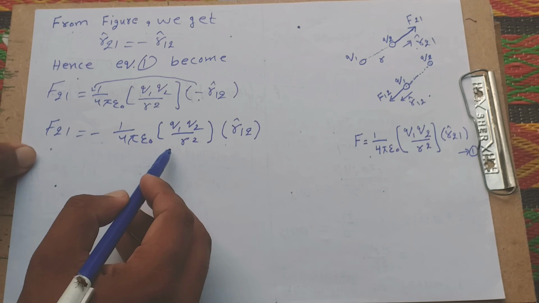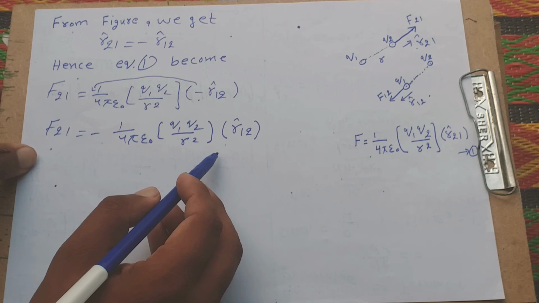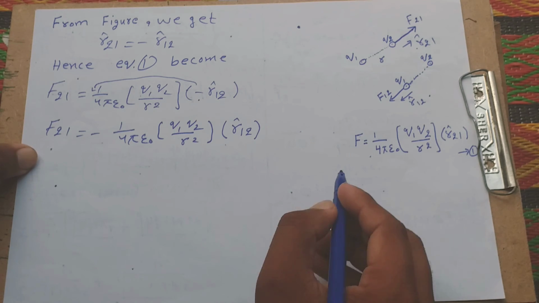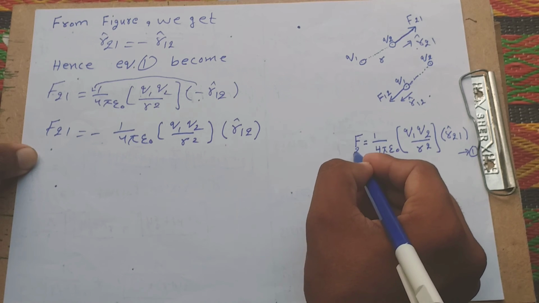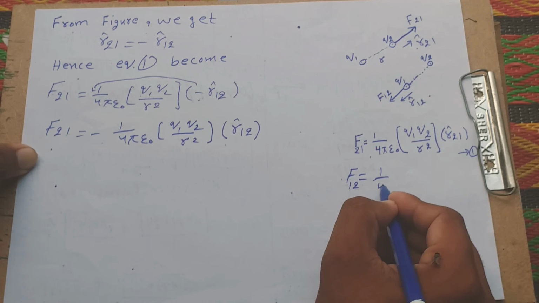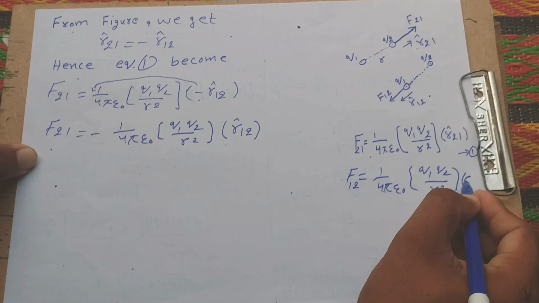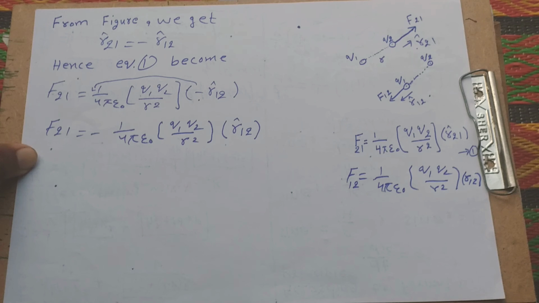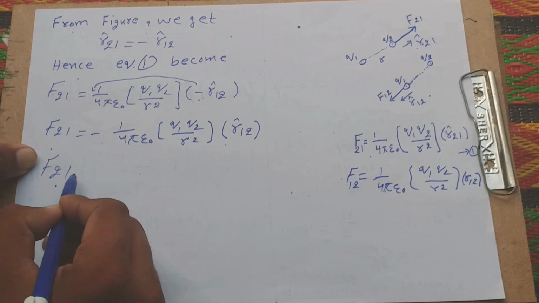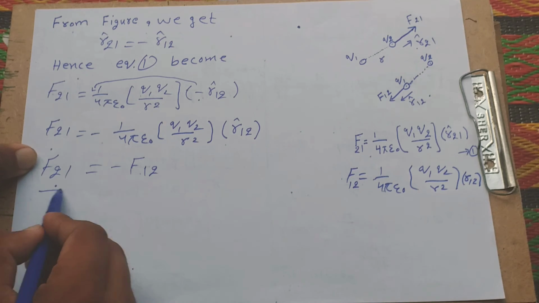This right-hand side is equal to equation 2. What is equation 2? Equation 2 is F12 equal to 1 over 4 pi epsilon naught, q1 q2 over r squared, times r12. It is the same as we use here, so this is equal to F12.